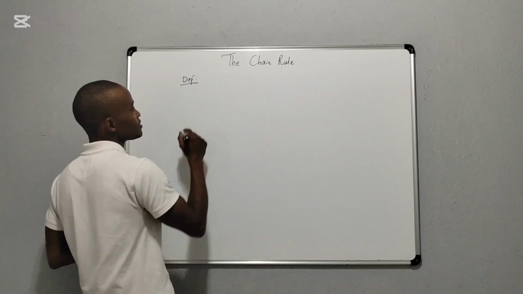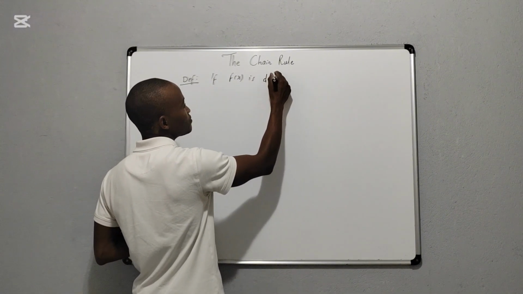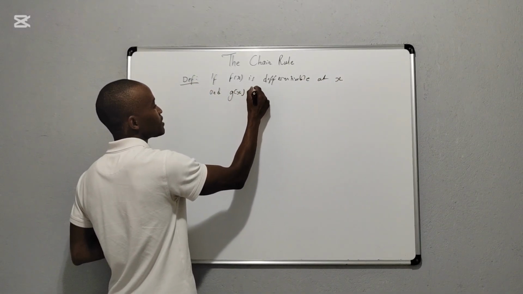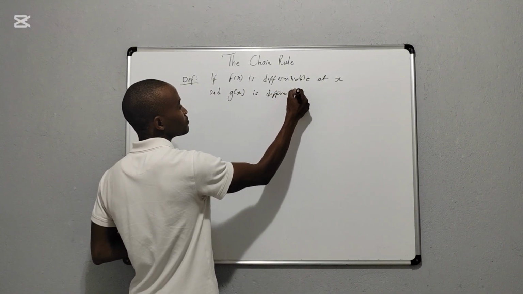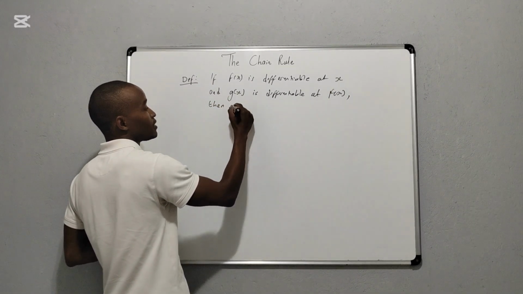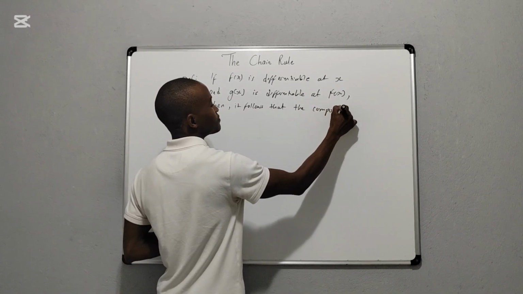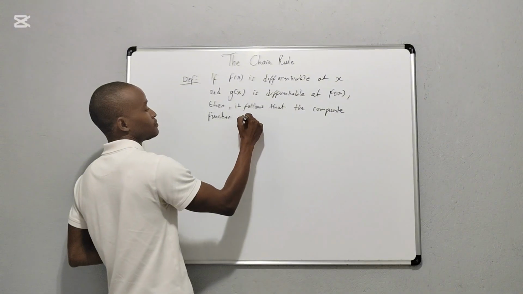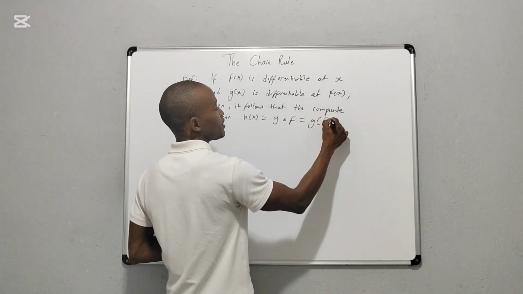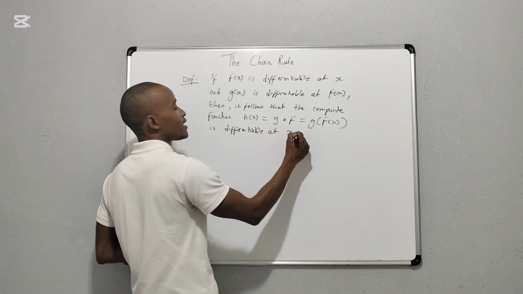The definition says the following. If f of x is differentiable at x, and g of x is differentiable at f of x, then it follows that the composite function defined by h of x, which will be g composite f, this will be g of f of x, is differentiable at x.